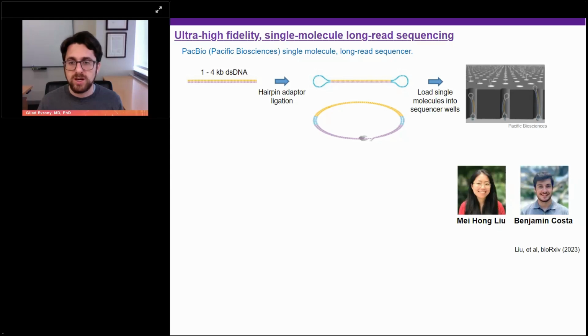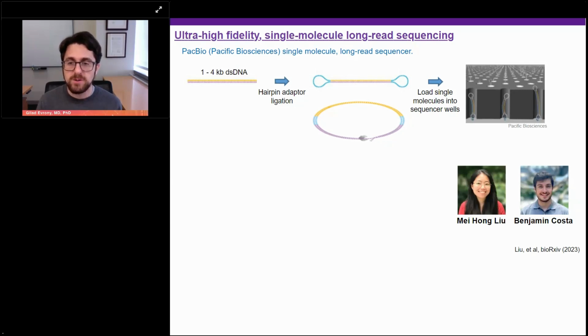We attach hairpin adapters that topologically circularizes the DNA. This is a standard approach of Pacific Biosciences or PacBio single molecule sequencing. The only difference being is that the DNA is shorter than the standard PacBio sequencing read length, but it's still longer than standard short read DNA sequencing.